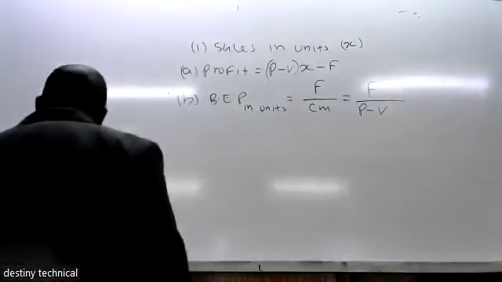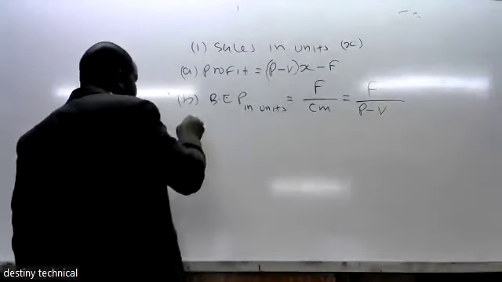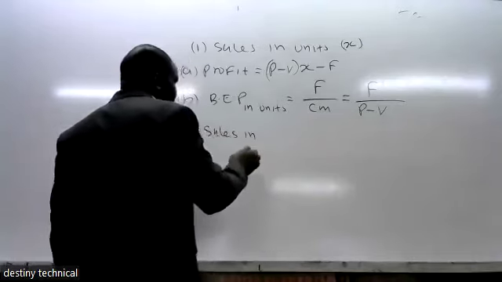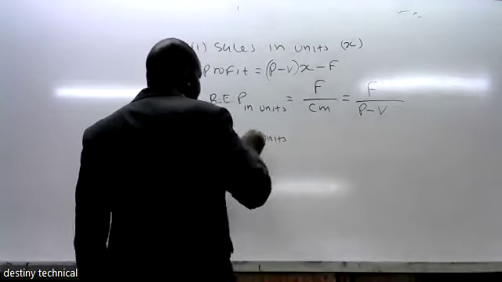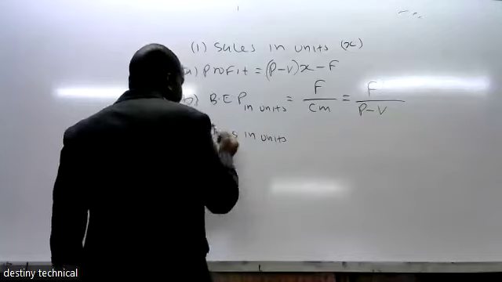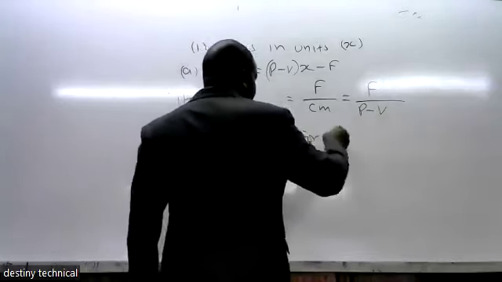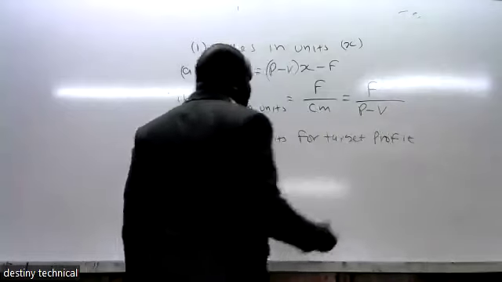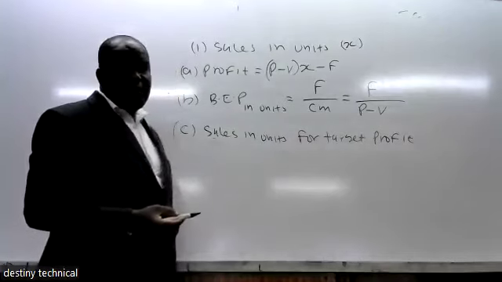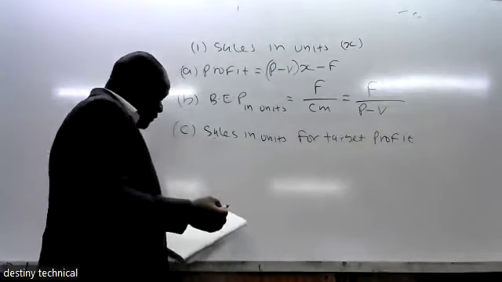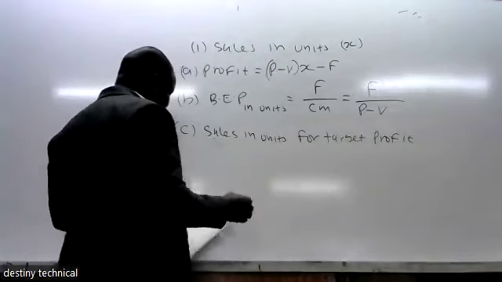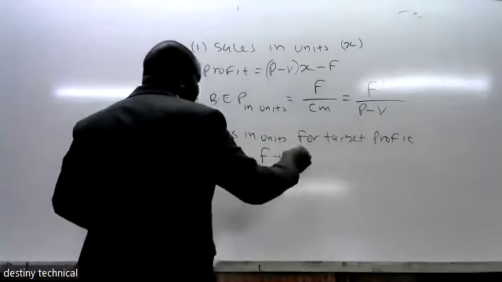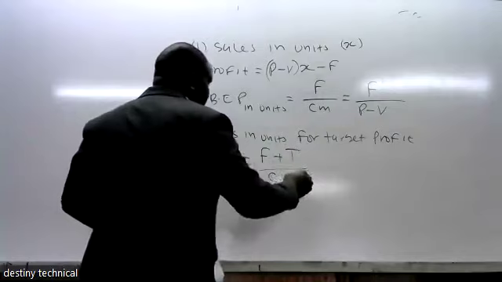And also the sales in units for the target profit. The sales in units for the target profit is the same as X. It should be equal to F plus T divided by CM.